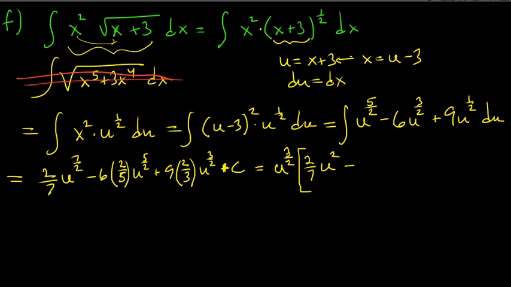And then minus 12/5, and that's going to be u to the 1. And then 18/3 is just 6. And then plus c. Yeah, so I think I could have factored out a 2 here. So maybe let's just do that now.